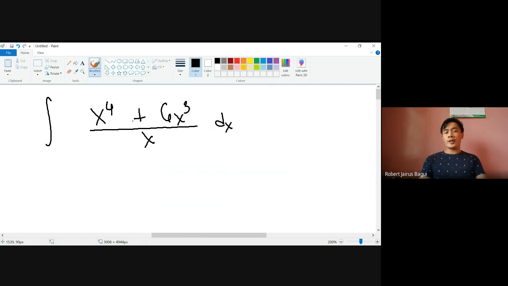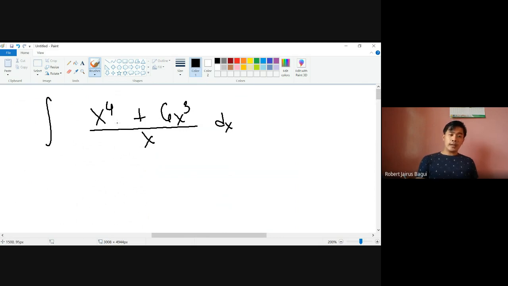Papansinin natin, parang kahawig nung sa kumbaga quotient rule, pero hindi yun ang gagawin para dito. So hindi to gagamitan ng ibang formula. Yung pa rin yung unang dalawa lang na ginamit natin kanina. Ngayon, kailangan natin siyang isipan ng way kung paano may ipasok pa rin yung kanina nating mga formula.